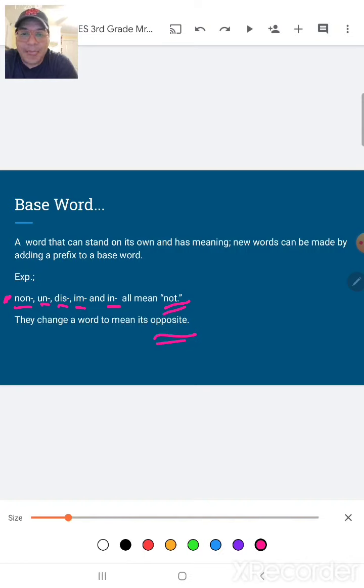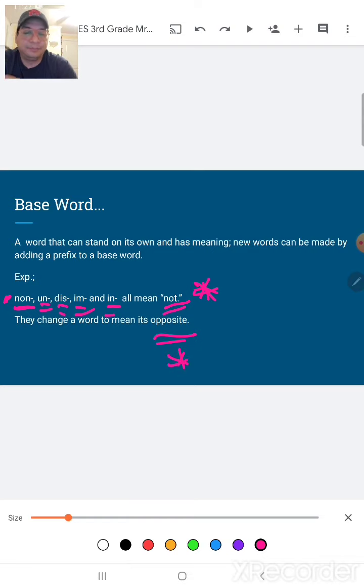So you could have unhappy, non-happy, similar, right? And if you were to see dis, im, or in in some word, this also means not. So that's very common to see these prefixes, the non, the un, dis, im, or in a word, meaning the opposite, right?